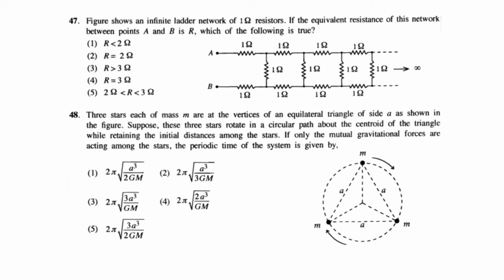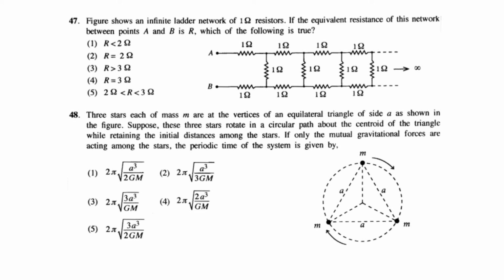So the resultant of the 1 ohm resistors connected in this network should be smaller than 1 ohm. So the resultant of the whole set of resistors would be smaller than 3 ohm. That is 1 ohm plus less than 1 ohm plus 1 ohm. The answer would be 5.